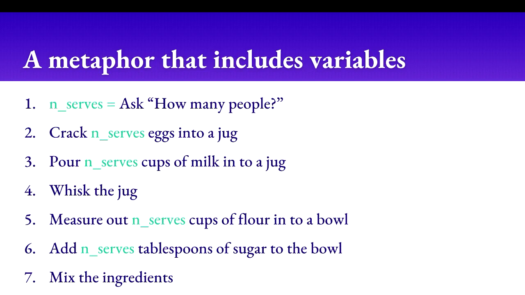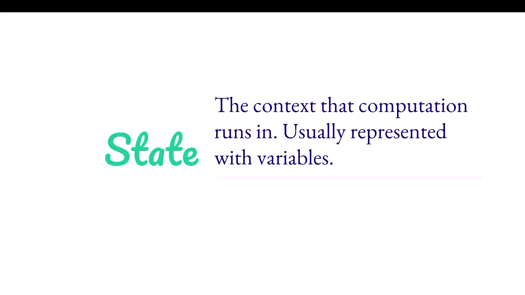And with this example, suddenly we're making a recipe that can solve all of your pancake problems, not just one pancake problem. And this is much more like a computer. It could make pancakes for one person or 100 people. The big difference is state. And state is more formally the context that computation runs in. Usually state means variables.